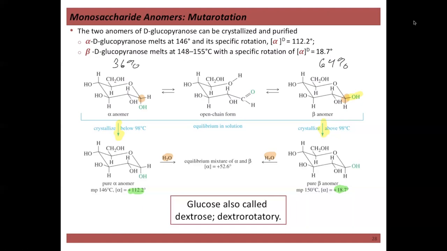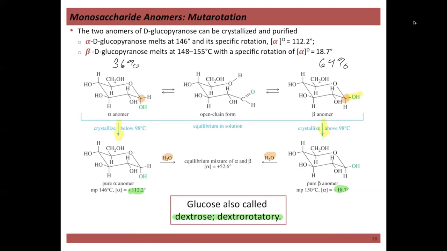So, as a side note, I told you before that glucose rotates light to the right, and it is known in medical settings as dextrose. If you ever watch a good medical show, they'll say, hey, get this person some dextrose. And really what they're saying is get some glucose in the pyranose form. And since it's in solution, you're actually giving them a mixture of 64% beta and 36% alpha anomer.